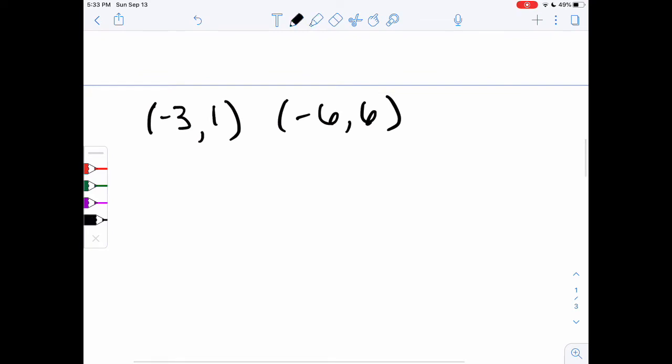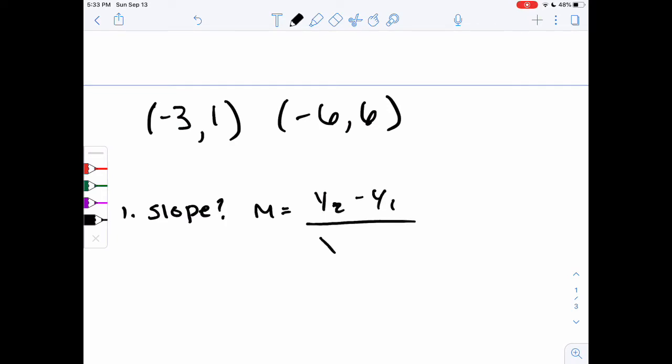Let's say I need to write an equation using these 2 points. Well, my first step is I need to find the slope. My slope formula is y2 minus y1 over x2 minus x1.